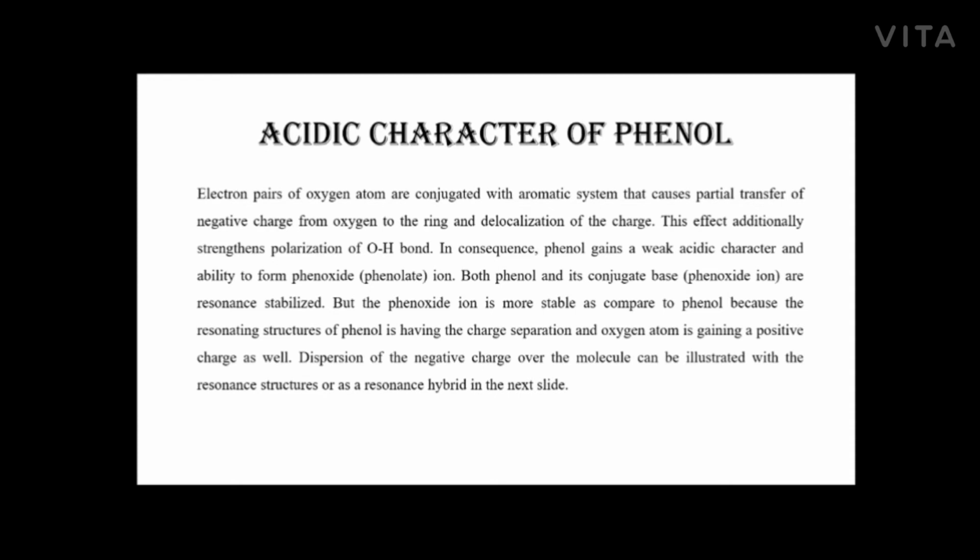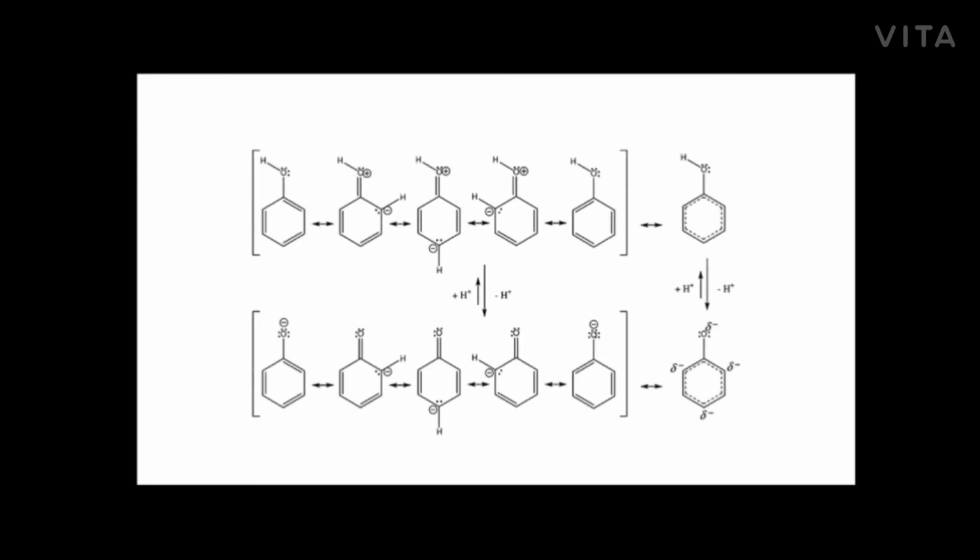And the phenoxide which gets released after the deprotonation, after the manifestation of this acidic character of phenol, is very stable, because the resonating structures of phenol have charge separation, and the oxygen atom gains a positive charge as well. If you talk about the resonating structures, here we have some resonating structures like this.